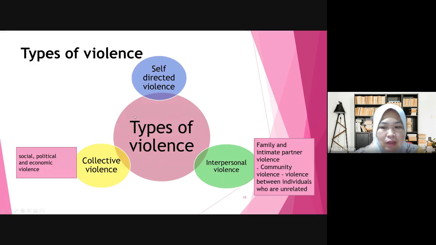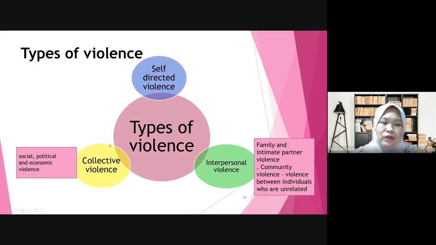Okay, types of violence. There are three types of violence. Self-directed violence. Interpersonal violence, from family and intimate partners, and community violence between individuals who are unrelated. Collective violence: social, political, and economic violence.